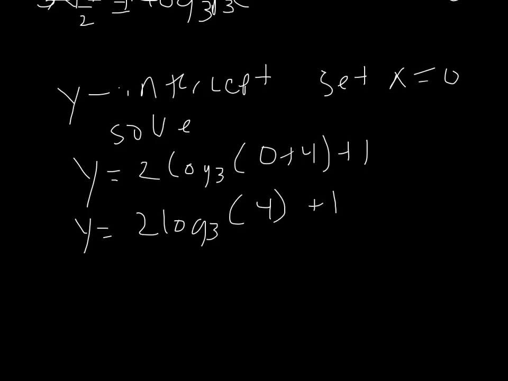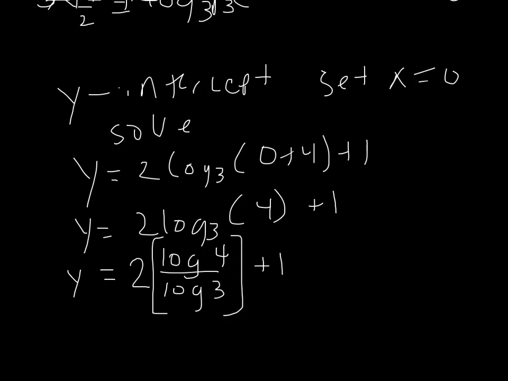And then this is a little bit harder to check as a decimal because we can't do log base 3 on the calculator, but you can just switch this to a base 10 problem to check it. So the change of base formula says you take the log of the 4 divided by the log of the 3, and then now those are base 10s. Then you plug that number into your calculator and you get about 3.5.